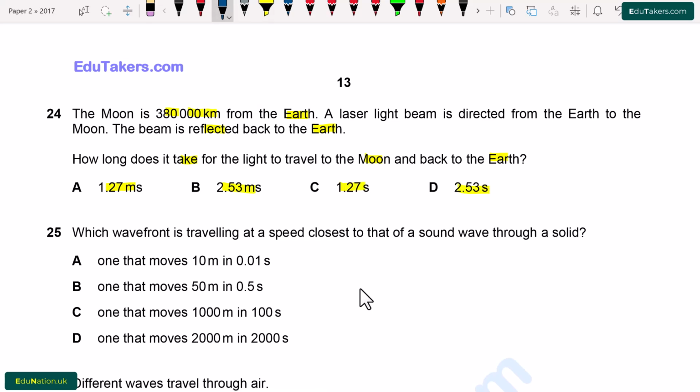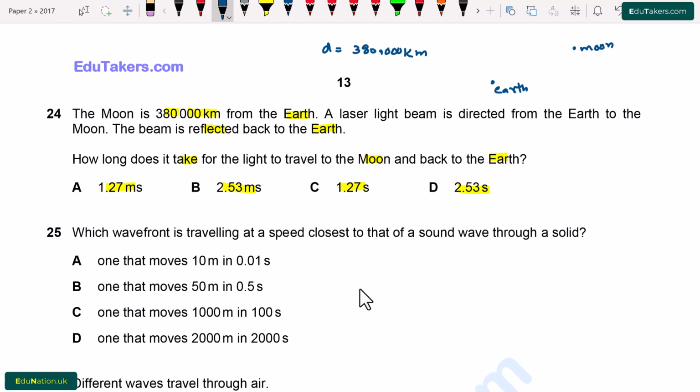So here is basically the process of echo. The distance between the moon and earth is given, which is equal to D, and it is 380,000 km. Next, suppose that here is earth and moon is here.